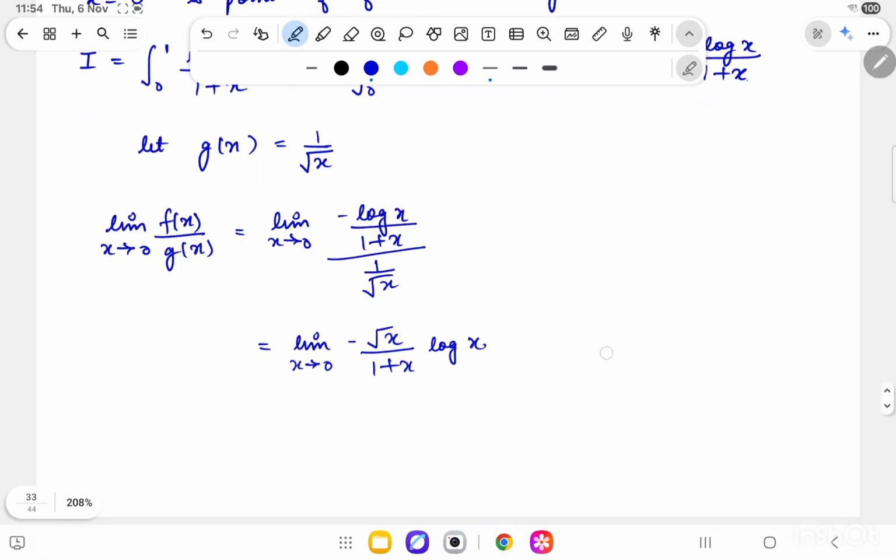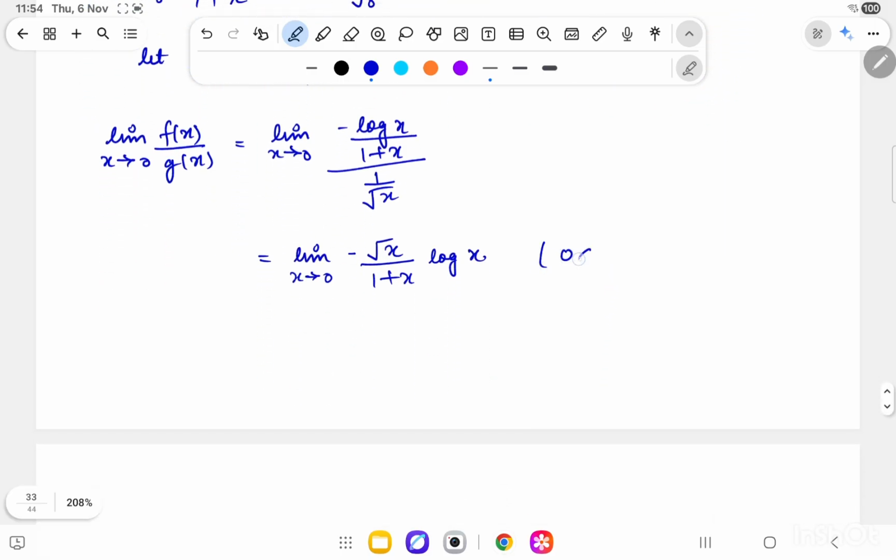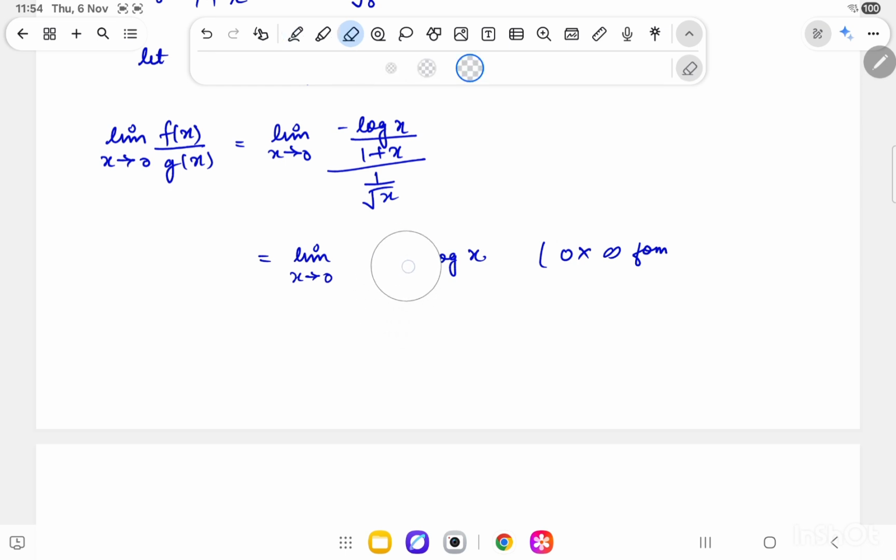Now if I plug in the limit, it will be 0 times infinity form. Or let me just write it in a more simplified version. It will be equal to 1 by square root of x times minus log x. Now if I just plug in the limits, it will be infinity by infinity form. That's better.